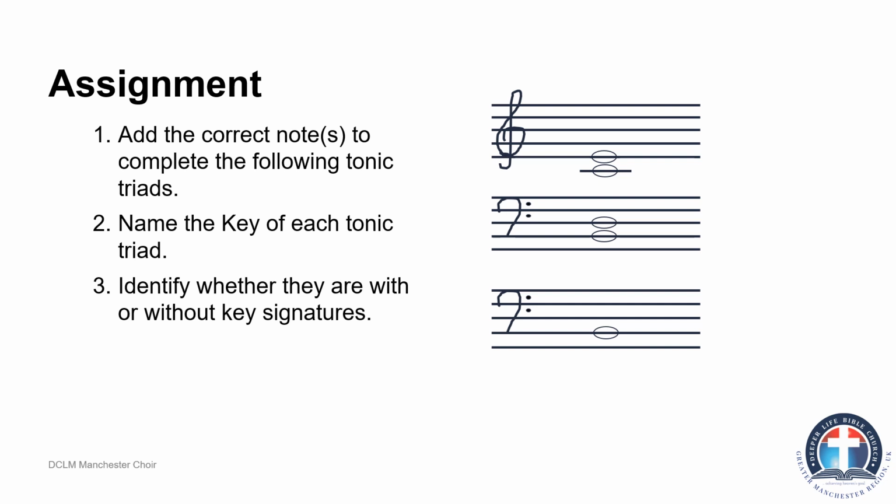Then name the key of each tonic triad in stave 1, and then identify whether it is with key signature or without key signature. So altogether you have 9 questions.